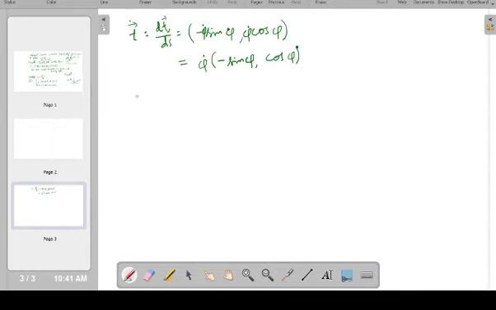So T dot is a scalar multiple of Ns. That scalar multiple is denoted by kappa s, so T dot equals kappa s Ns, and this kappa s is known as the signed curvature.